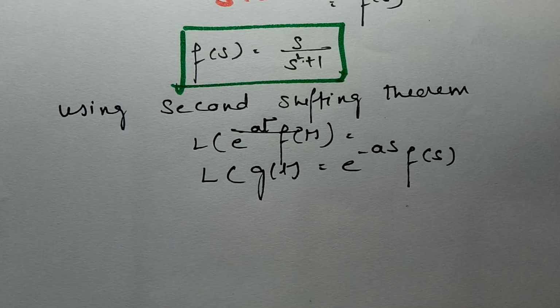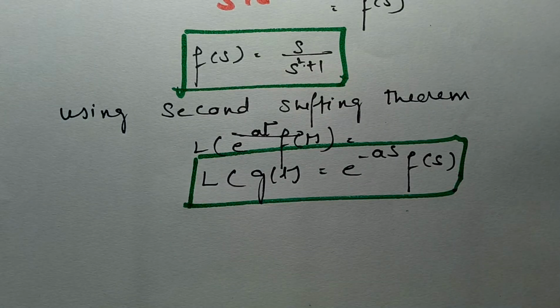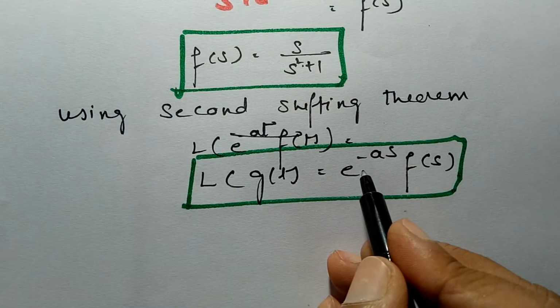So in this formula I have to substitute. What is this formula? Once remember, Laplace transformation of g of t is equal to e power minus as into f of s.